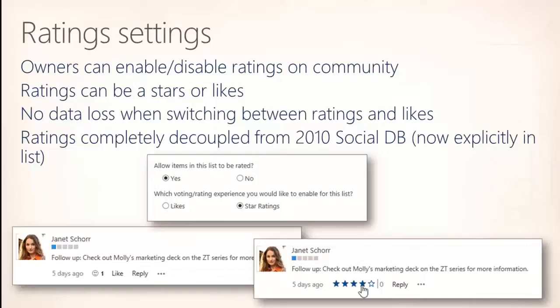Now ratings and likes are really part of the list itself. So when you turn on likes or ratings on any list or library, it's universally available across any list or library in SharePoint. We create a few extra columns on that list, and they sit in that list. So that's the way the system works now. And that means it's fully scalable, just like any list is, up to 30 million items and so forth. And that's great.